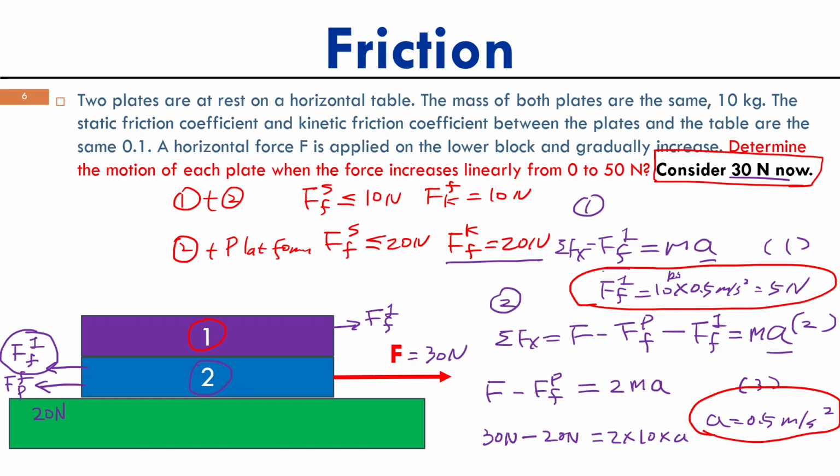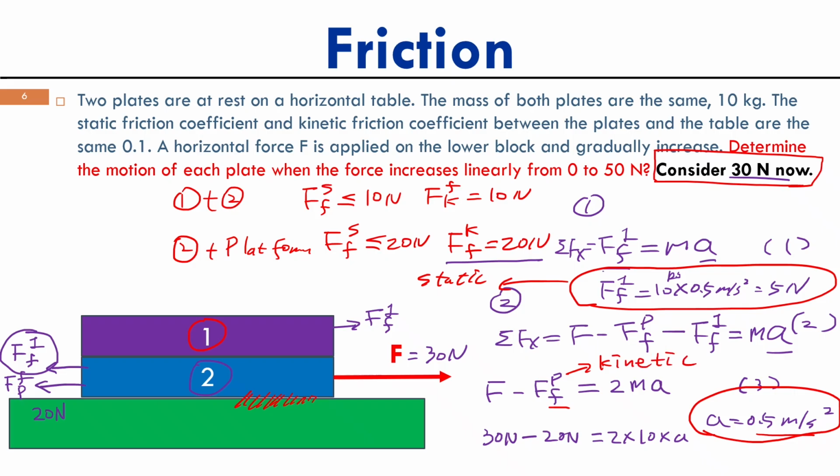In this case, between plate 2 and the platform, it's kinetic friction because they have real relative motion. But between 1 and 2, there is no real relative motion because they move together with the same acceleration. So this friction force is static, and this friction force is kinetic.